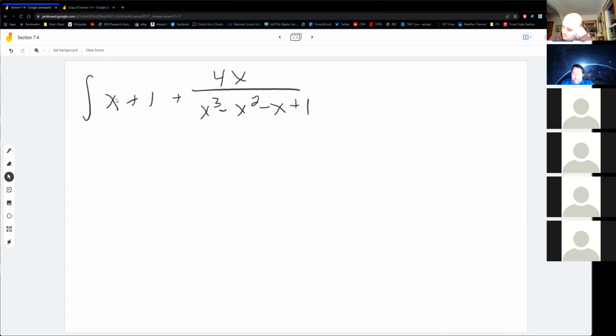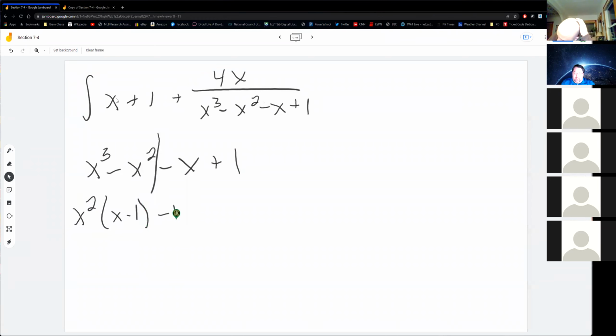So let's do that next. So I've got x to the third minus x squared minus x plus 1. This one happens to already be in terms of 4. So if there's 4 of them, just split it. I can pull out an x squared on this side, x minus 1. I can pull out a negative 1 on this side, and I'm left with x minus 1.